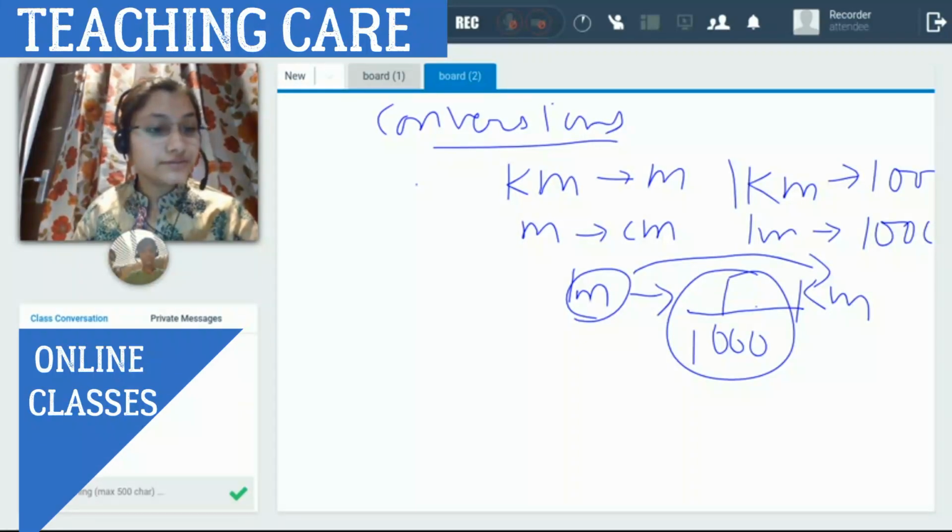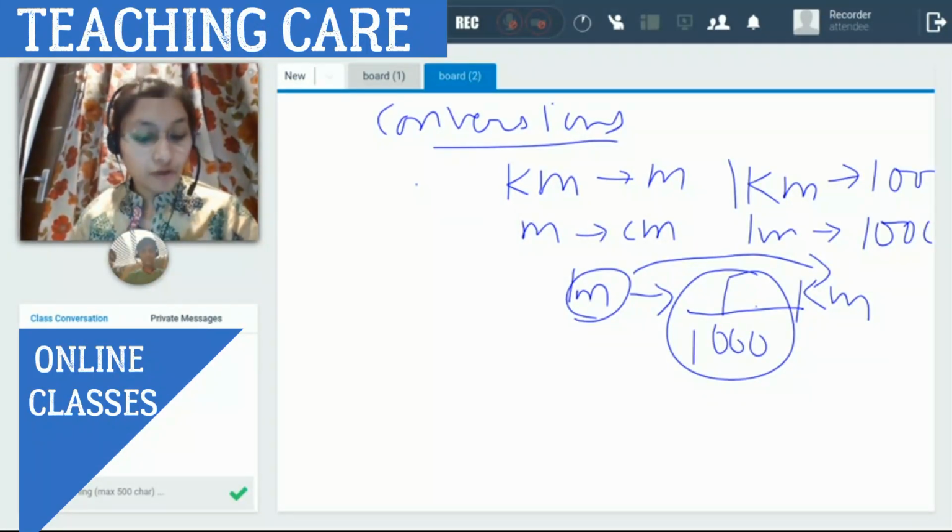One second. Do you want me to open the PDF now? Yes, yes. I want you to open the PDF page number 13. Yeah, one second.